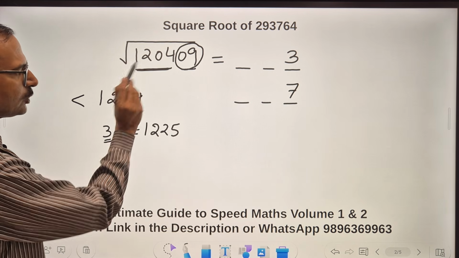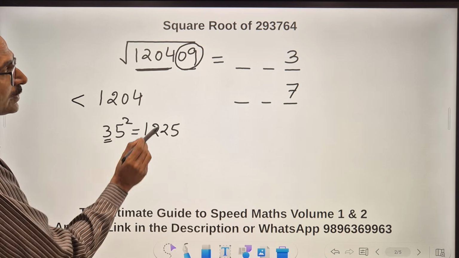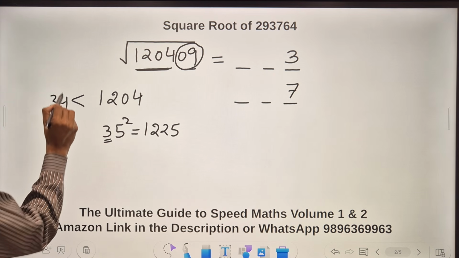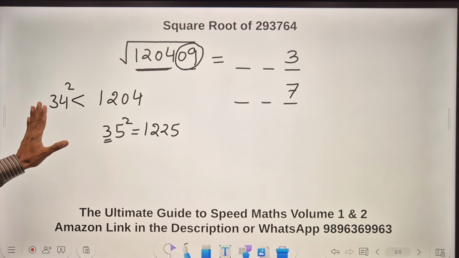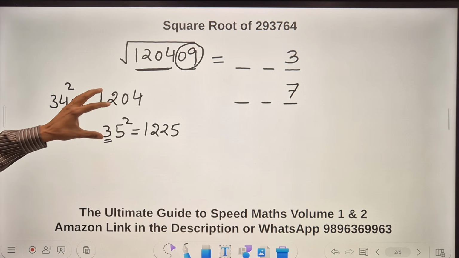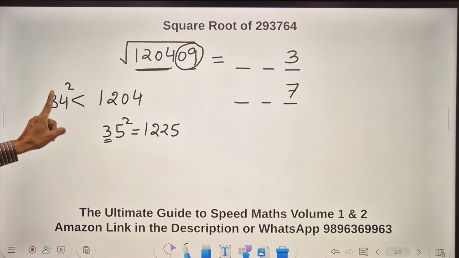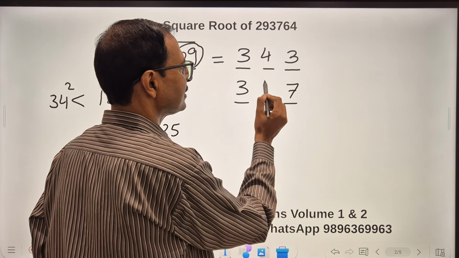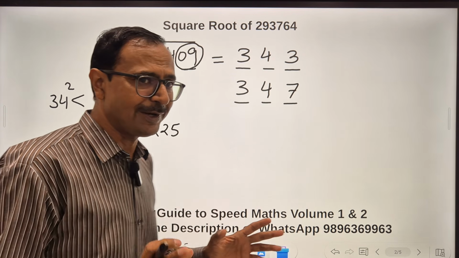See, the number is very close, but 35 square is more than 1204. So probably 34 square will be the closest square to the number 1204. And therefore, this 34 will form the remaining part of my answer. That's one way of doing it.